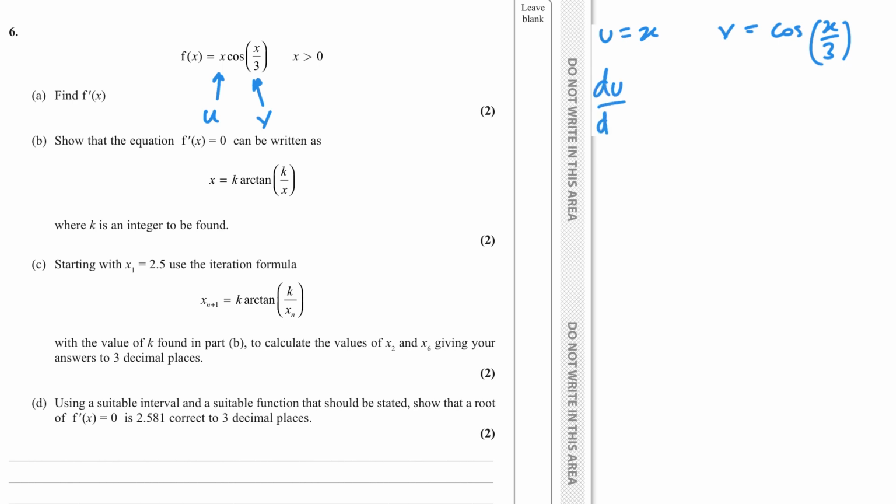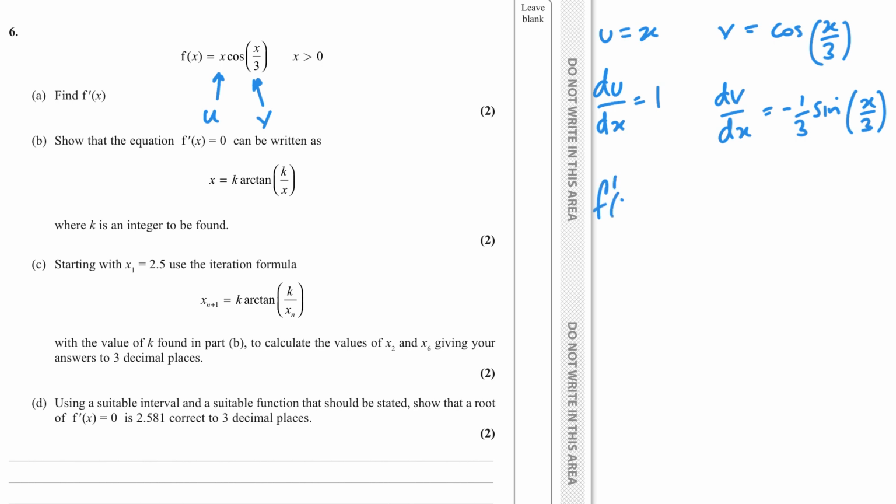And differentiating each of these, I'll get du by dx is 1 and dv by dx. Now cos differentiates to negative sine, and then we also need to multiply by this differentiated, which is a third. So we get negative 1/3 sine x over 3.